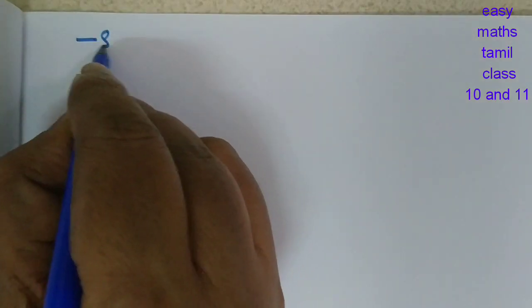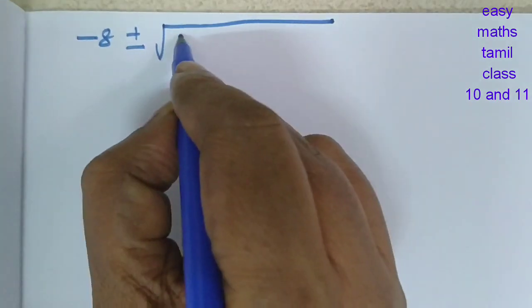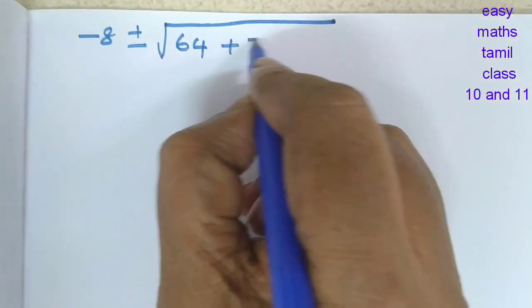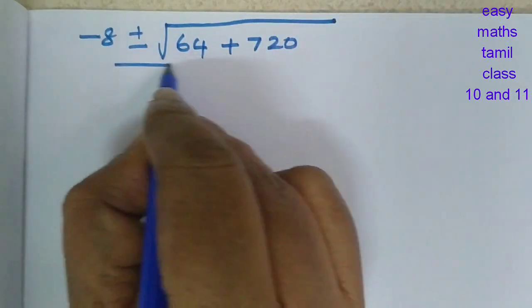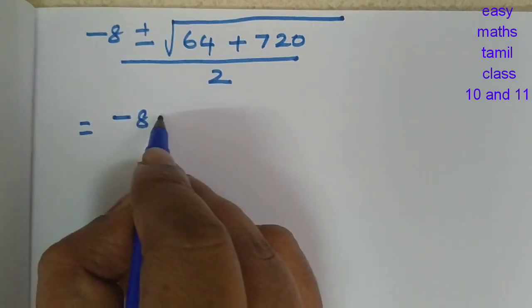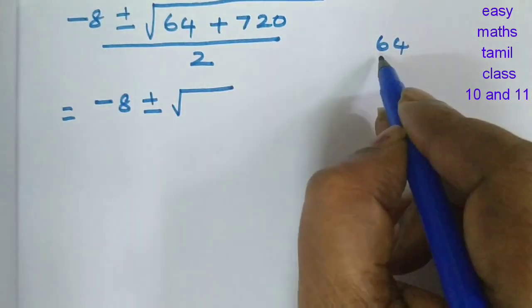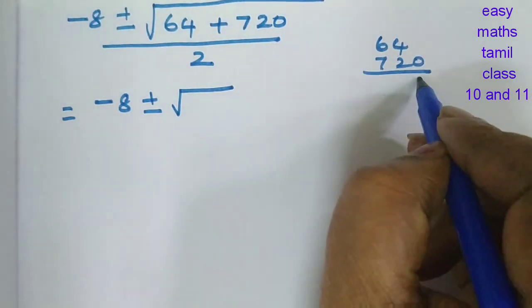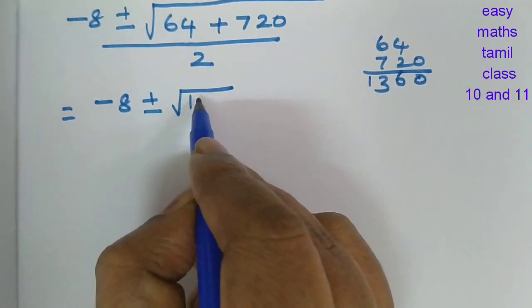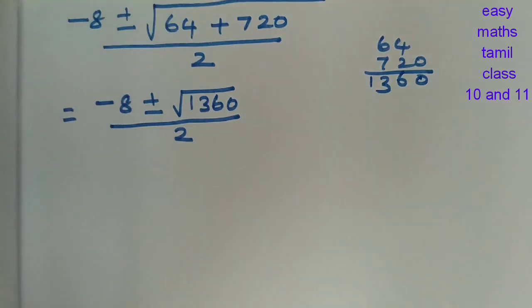So minus 8 plus or minus root of 64 plus 720 divided by 2. 64 plus 720 is 784 divided by 2.